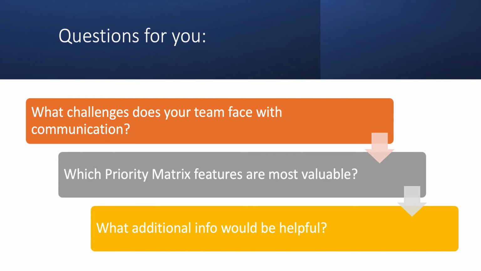Maybe we didn't touch on exactly what you were looking for today in this presentation, but if you shoot me a quick email, I would love to hear your thoughts on your common challenges. I would also love to hear which Priority Matrix features seem most valuable. And lastly, what additional information would be helpful for your construction company to get up and running with Priority Matrix.